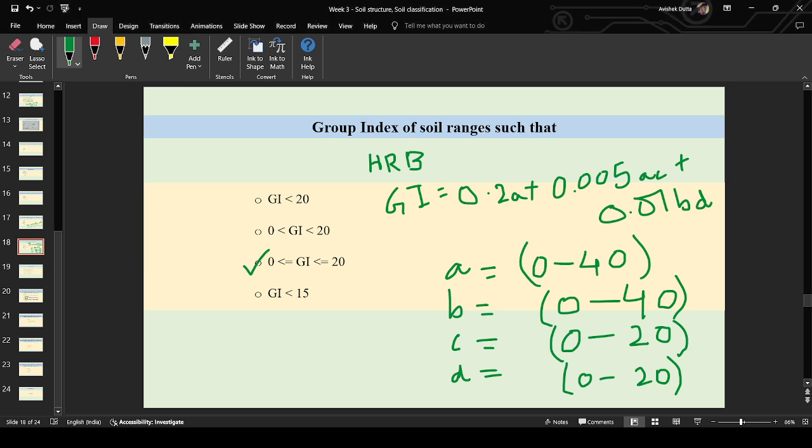Can anyone tell me if the value is 20, is it a good soil or a bad soil? If the value of group index is more, is it a good soil or a bad soil?